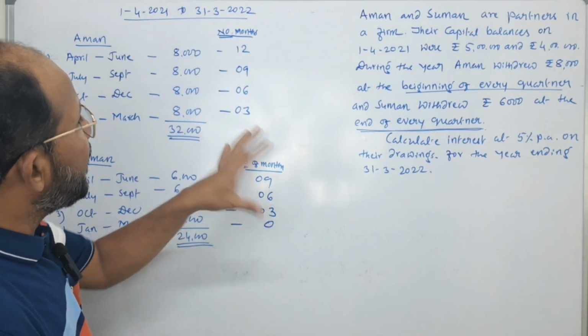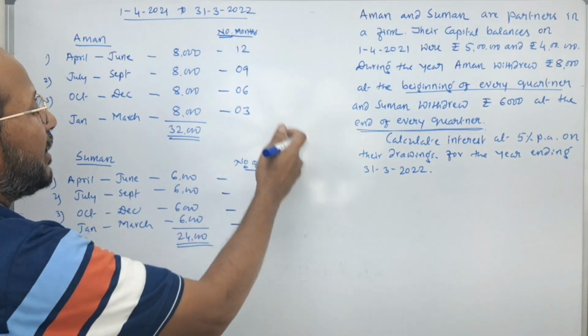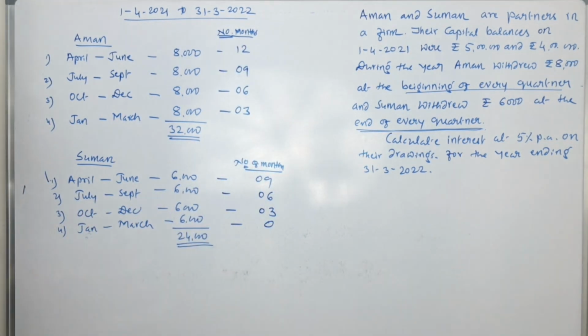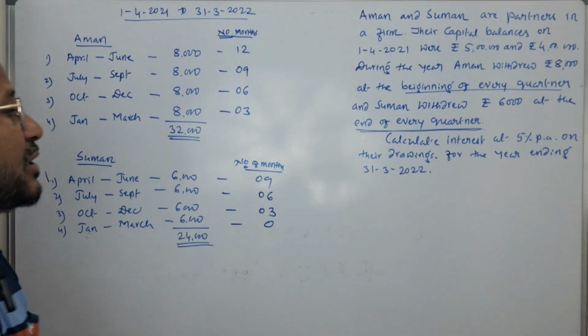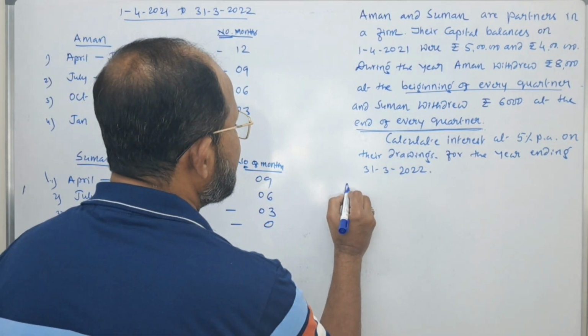Okay, first what we need to do? We need to calculate the period for which interest is to be calculated. Now we have to calculate the average period of both the partners. What is the average period?